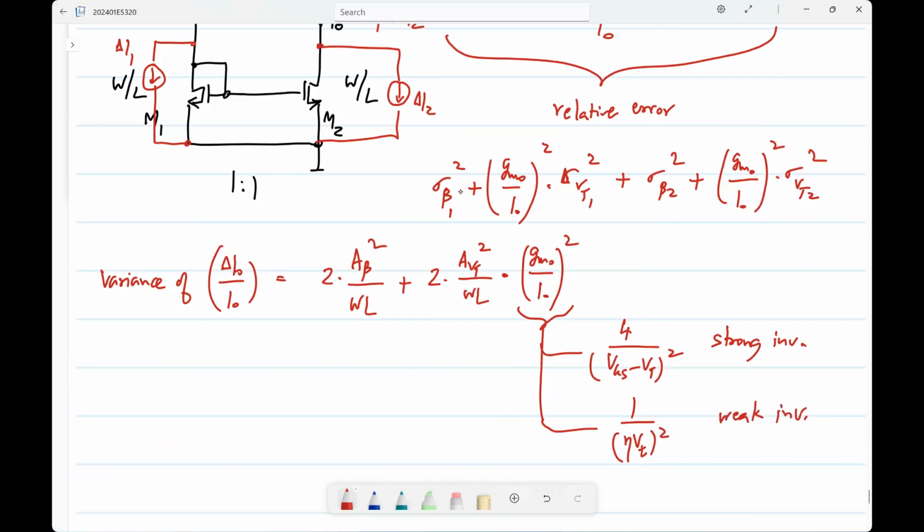Okay. So now you have the expression for variance, and then you can do what you want with it.